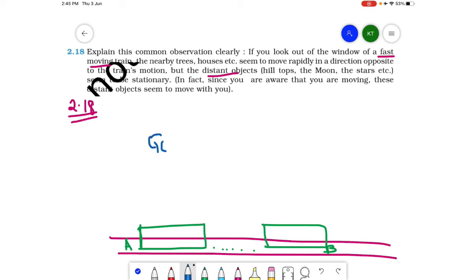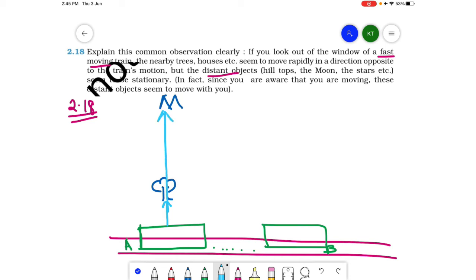Consider that there's a tree here, a nearby object, and a distant object, a mountain, here. From the window, this seems to be the line of sight. Line of sight is from the observer's eye to the object.